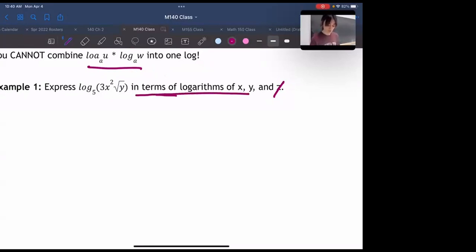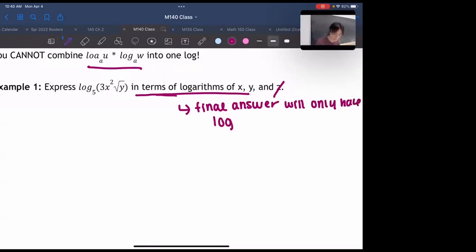Okay. Let me just explain what this question is telling us first, okay? We want to express things in terms of logarithms of x and y. What this means is our final answer will only have log base 5, in this case, of x, log base 5 of y, or log base 5 of a number, okay?